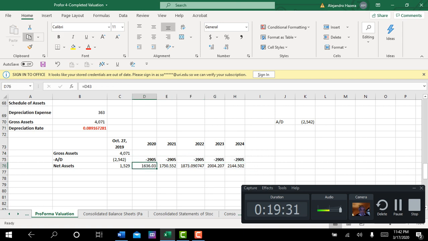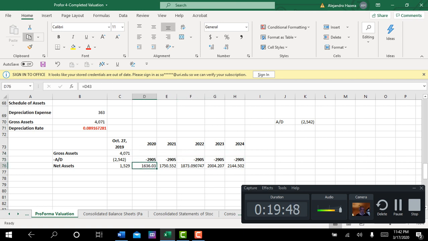And you'll notice that it's the same number. It's the same number because there's nothing in the gross asset cells right here.